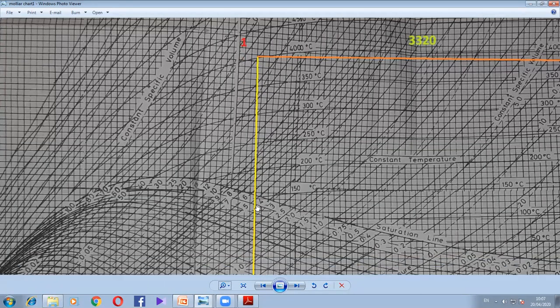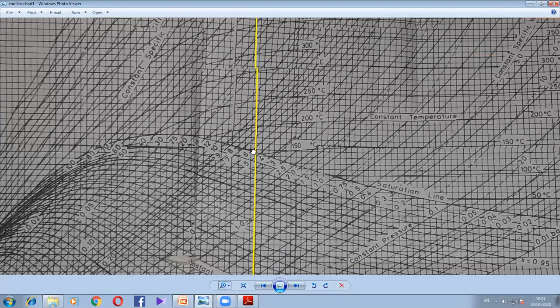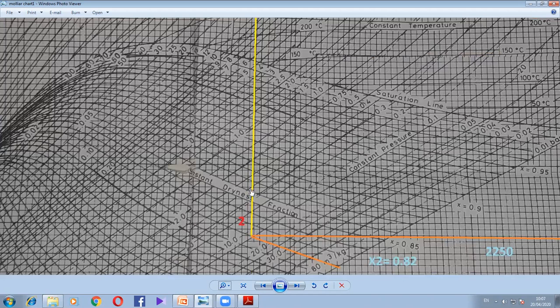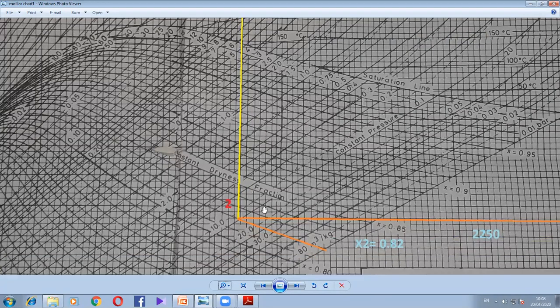So I will draw a vertical line. This line has to be vertical, and the isentropic expansion happens till the condenser pressure reaches 0.1 bar. That is, you have to draw a vertical line till the condenser pressure is 0.1 bar, that is state 2. You can see here we have the pressure lines 0.3, 0.2, 0.1.